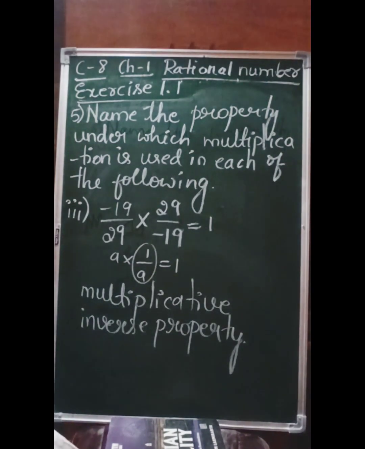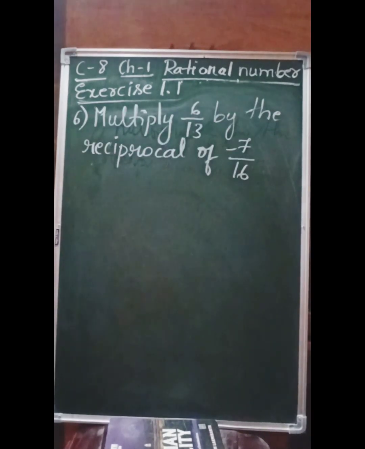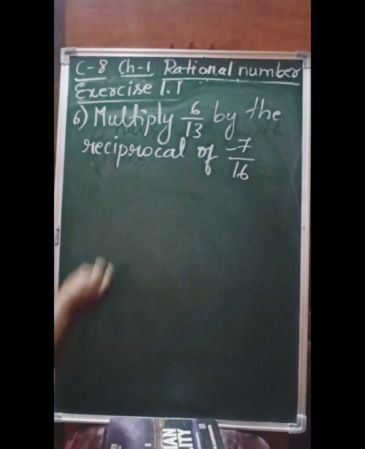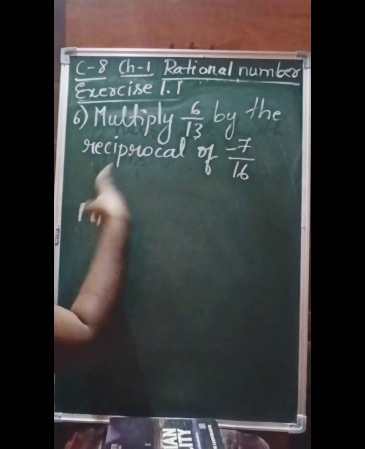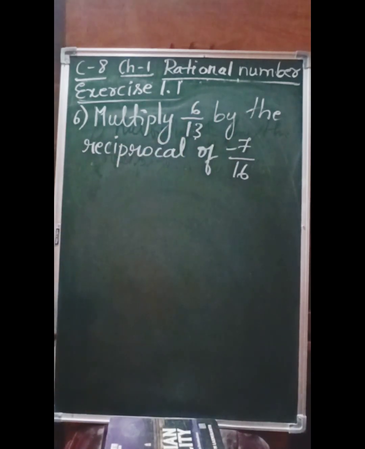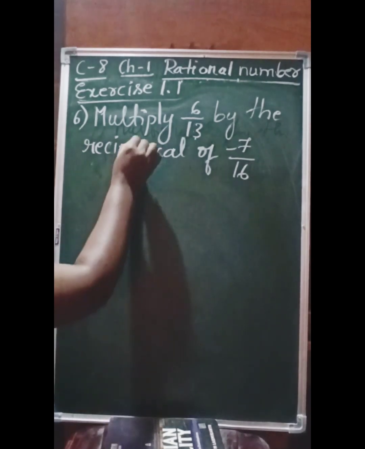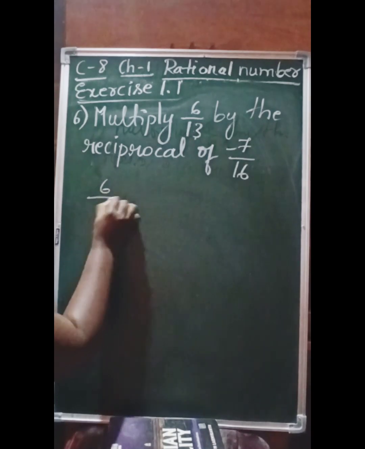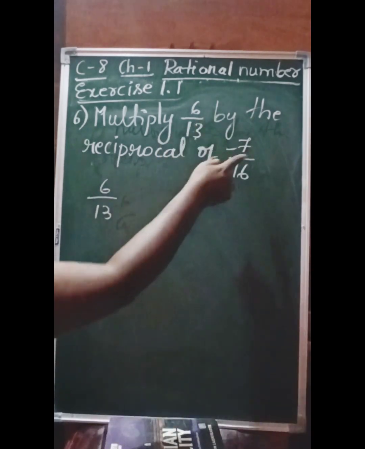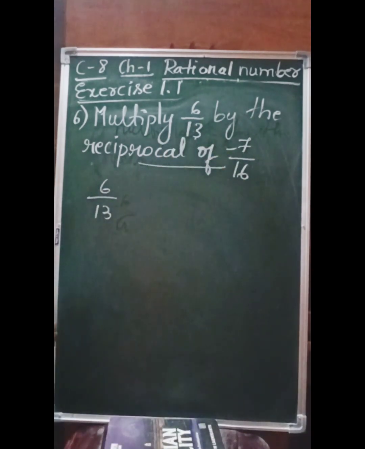Now let's move on to the sixth one. The sixth problem is multiply 6 by 13 by the reciprocal of minus 7 by 16. First you need to understand the question properly. You have to multiply 6 by 13 by the reciprocal of minus 7 by 16.